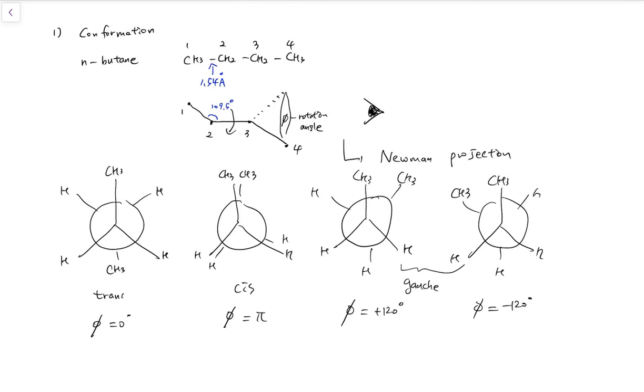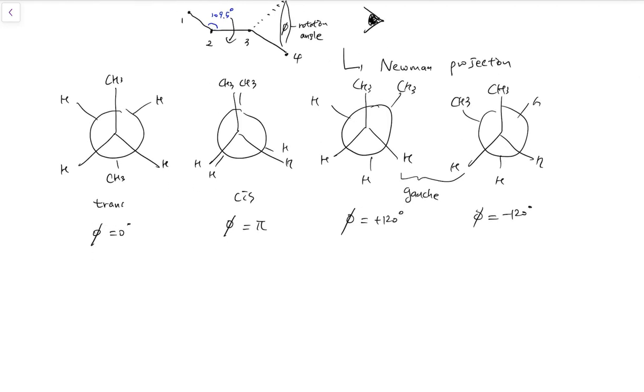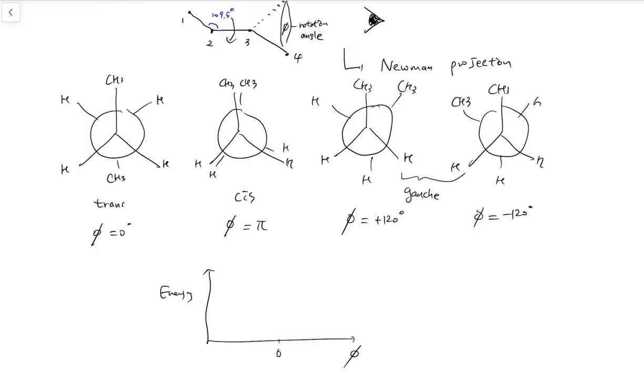Gauche state, right? So if you draw the potential energy as a function of rotation angle, 0, 60, 120, 180, minus 60, we'll have this kind of diagram, right? It looks like this, right?